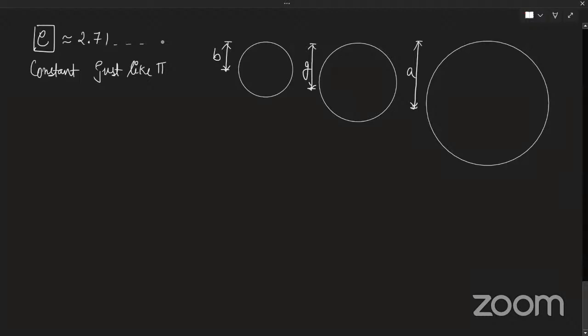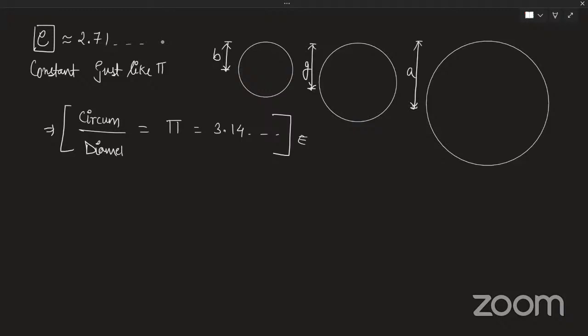The ratio of their circumferences to their diameters will always be equal to a positive value, an irrational value, turning out to be something like this, no matter how big or how small the circle is. That's true, right?